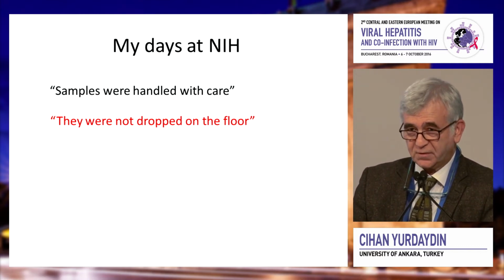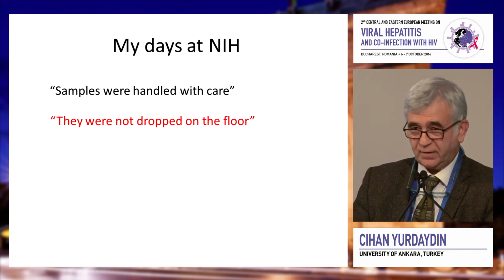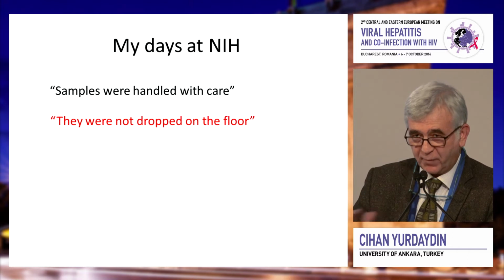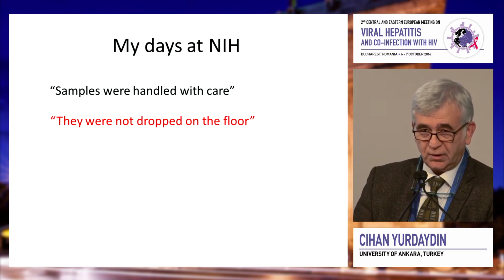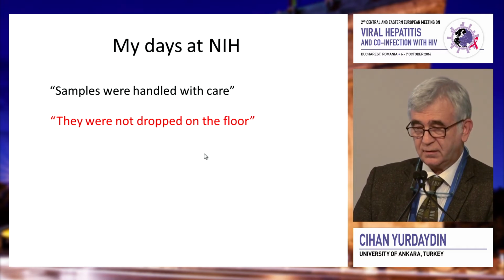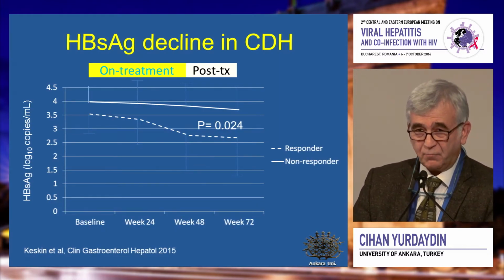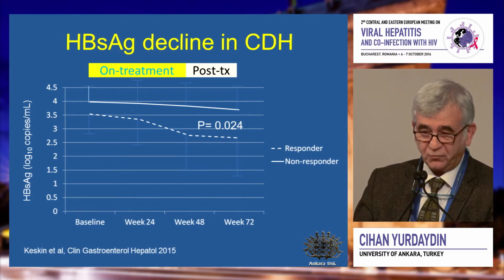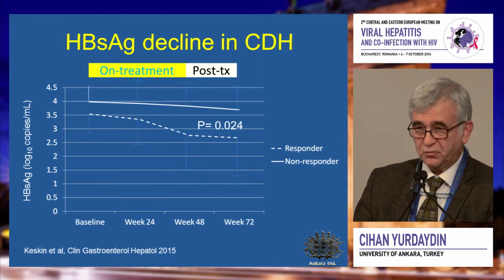That's the only thing you have to do. You don't have to measure anything. You don't have to pipette anything, and you have the results. Everything is done automatically. Now, in that sense, HDV RNA measurements are far away from ideal. To have a standard is good, but it's not the end of the story.